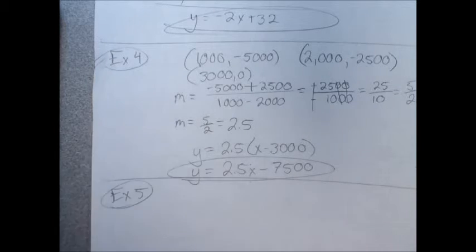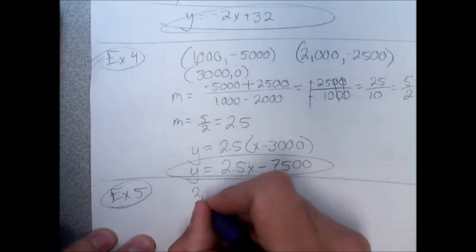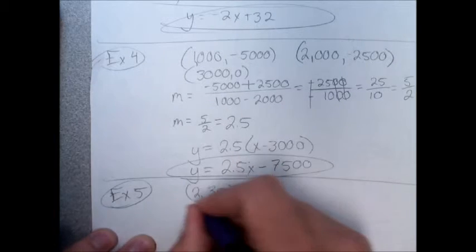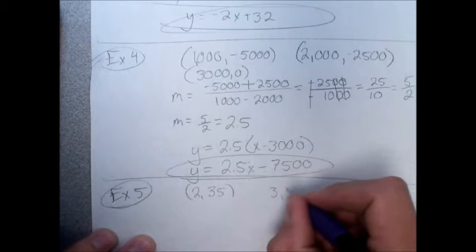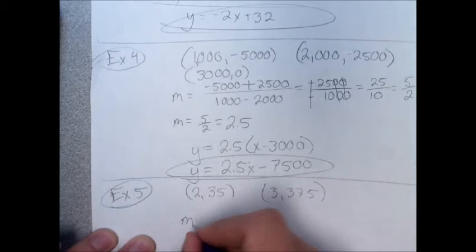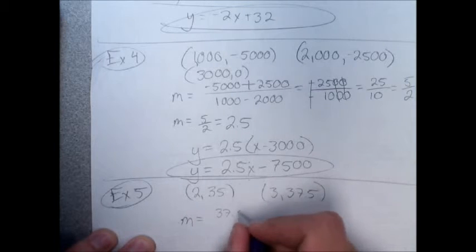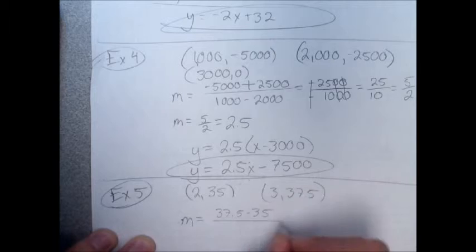Okay. Slope-intercept form is y equals mx plus b, so we're going to use a couple of their points, 2, 35 and 3, 37.5. And I need to find slope. So slope will be the difference in y's. So I'm going to take 37.5 minus 35 over my difference in x's, which is 3 minus 2.